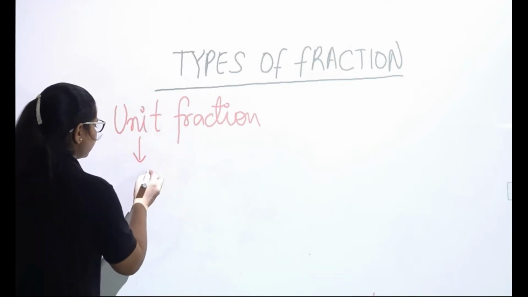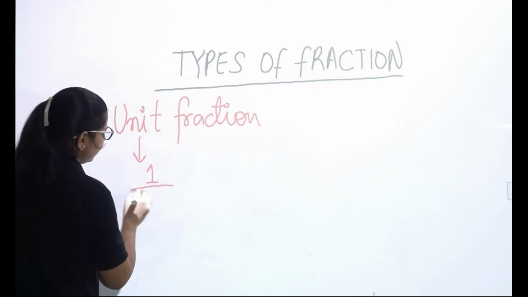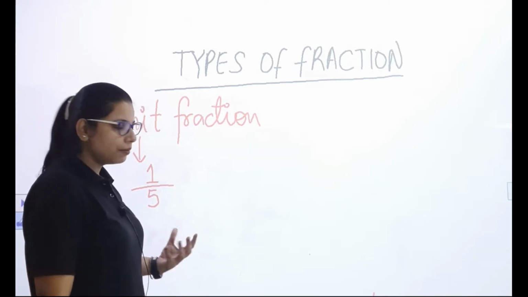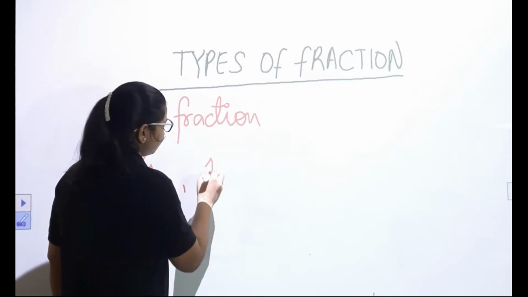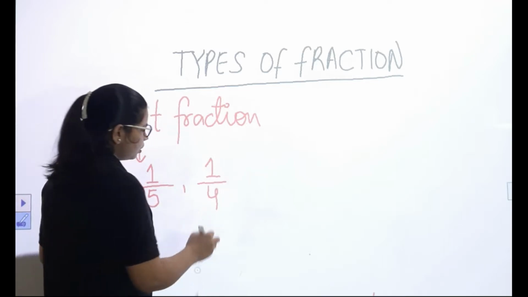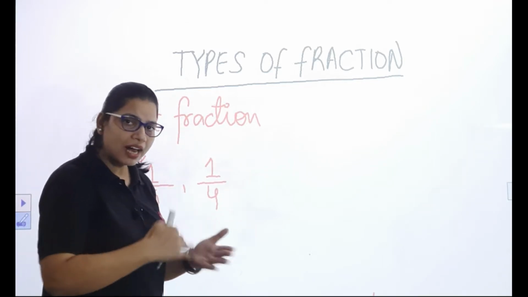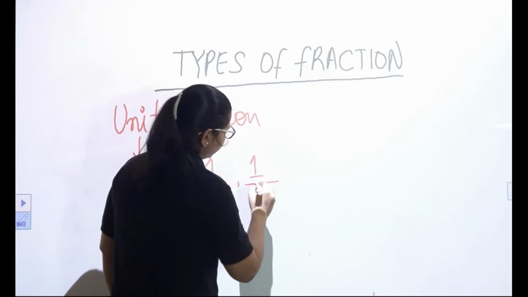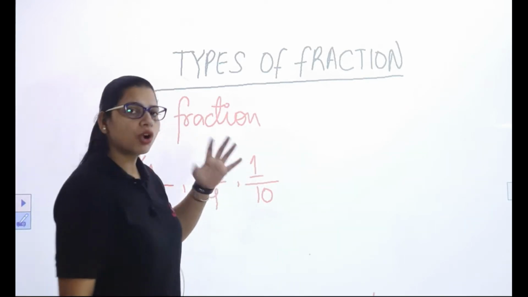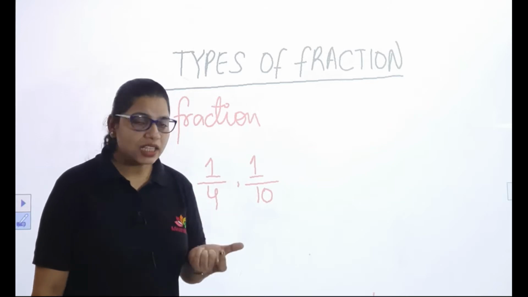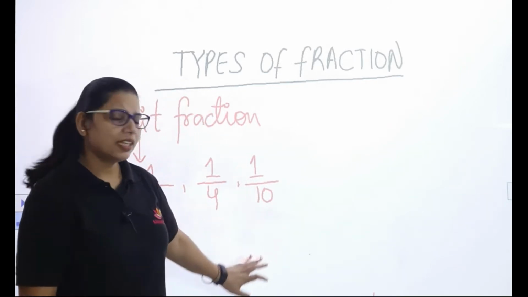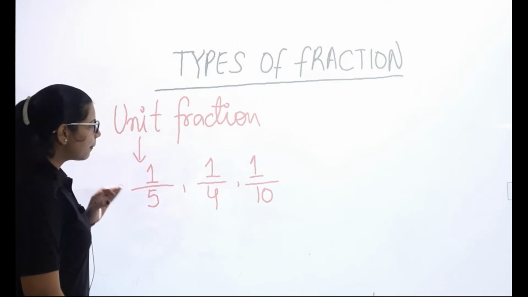So unit fractions are always 1 upon something. For example, if there are 5 slices in a pizza, 1 upon 5. If there are 4 parts of a paratha, 1 upon 4. Or if you have got just 1 piece of a chocolate containing 10 pieces, 1 upon 10.